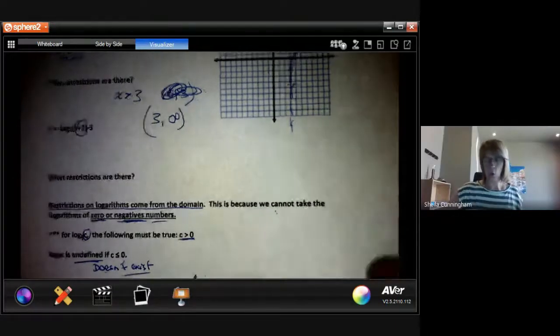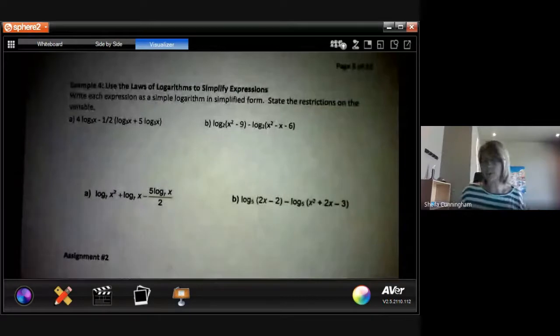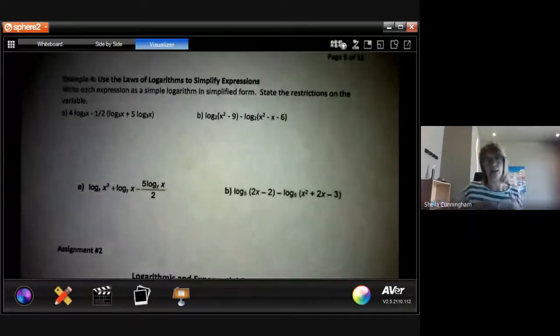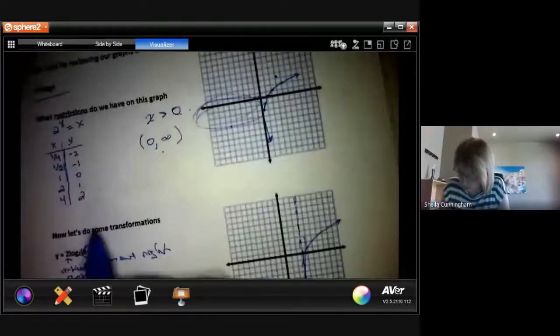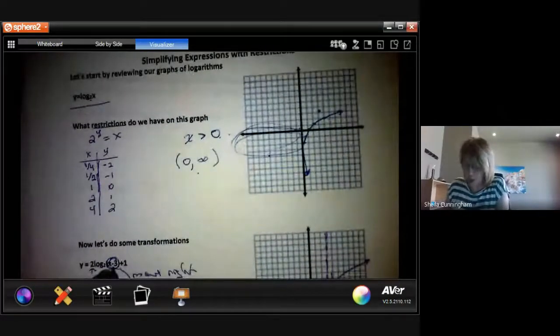Okay, so now that we have the basic understanding of it, we're going to put this into practice. Looking at just a single logarithm, like what we just looked at, we've just got one chunk that we worried about, and easy by just looking at it, we can take that little piece, that x minus 3.